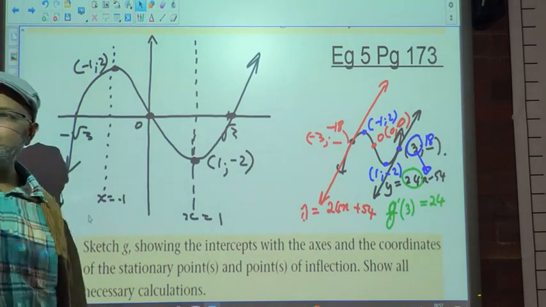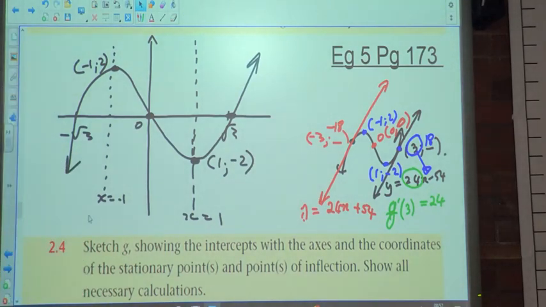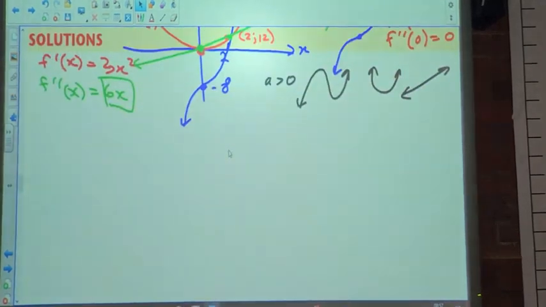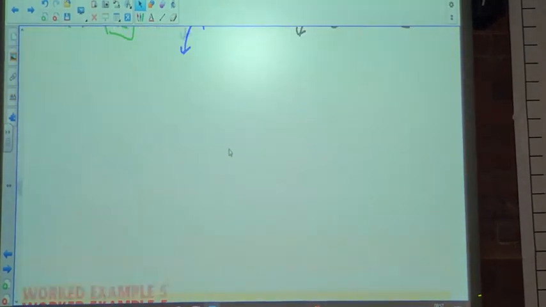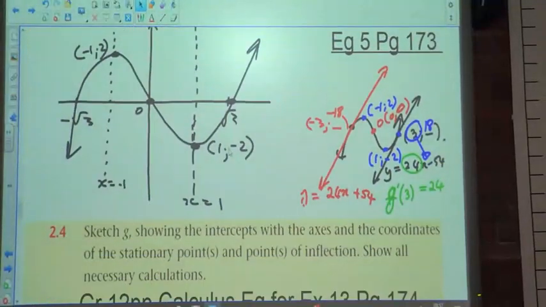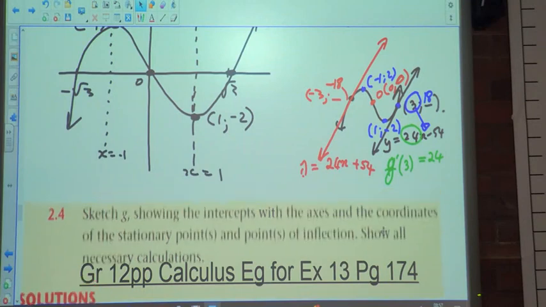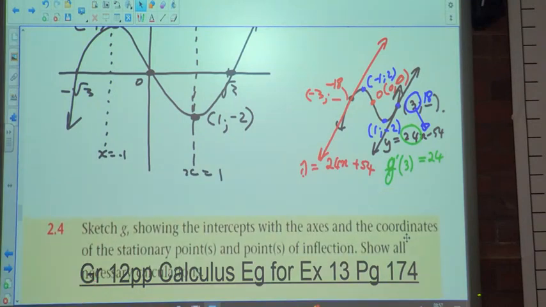Is there any confusion here, people? I didn't ask you to do this, but I'll answer it in both cases. The one question they didn't ask you with regards to concavity: where's the graph concave up, concave down, and things like that. Not so?